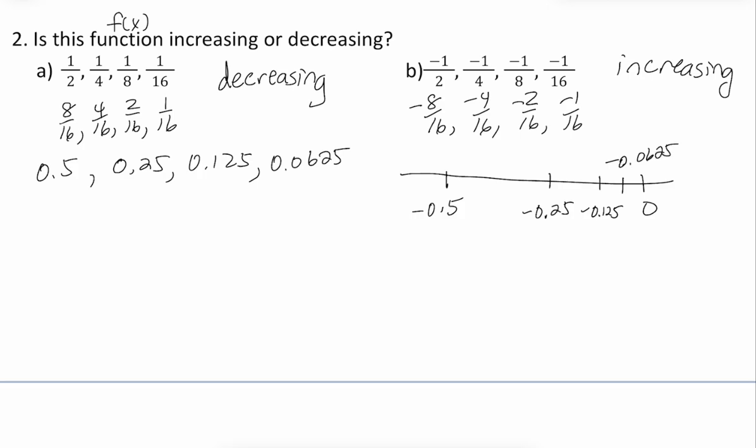So remember, our number line is naturally designed to go from least to greatest. So these numbers are getting bigger. These numbers are increasing or getting larger. So be careful when it comes to negative values. They're a little deceiving. And sometimes I'll just picture them on the number line to decide what's really happening. So this is actually an increasing section of the graph. Those numbers are getting higher.